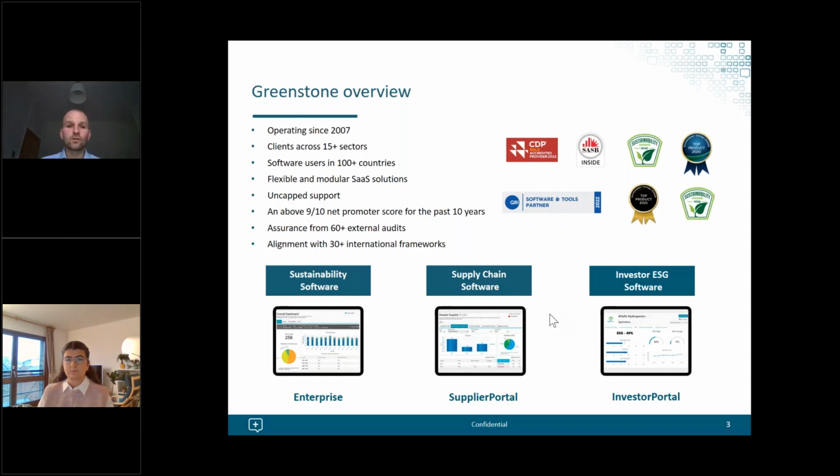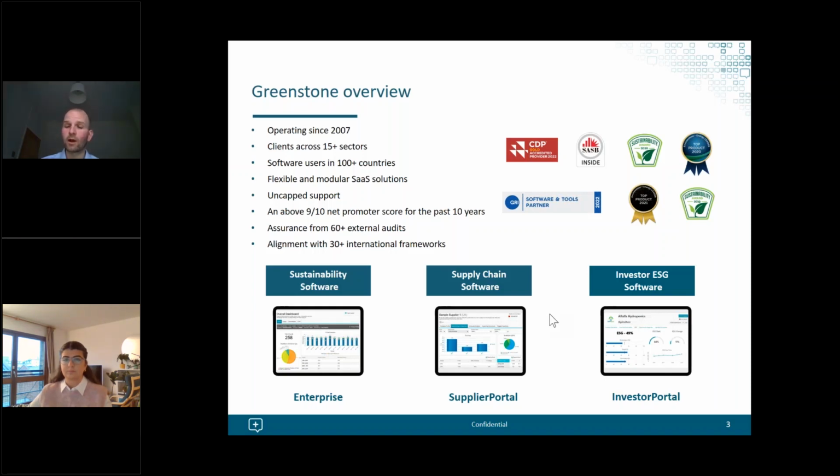So we have a sustainability focused platform, Greenstone Enterprise, and that enables complete scope 1, 2, and 3 emissions reporting in line with CDP, but also other requirements, so target setting, SBTs, net zero, and also other wider framework reporting, things like TCFD, the SDGs, etc. We also have a supply chain focused platform, Supplier Portal, and that helps to track the supply chain aspects of your sustainability impact.